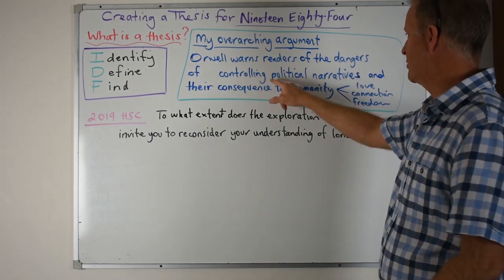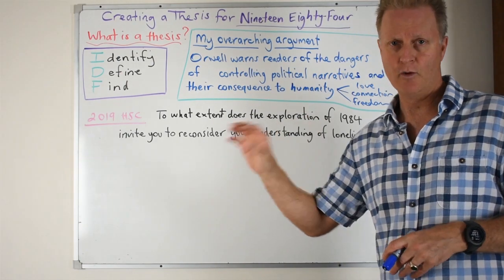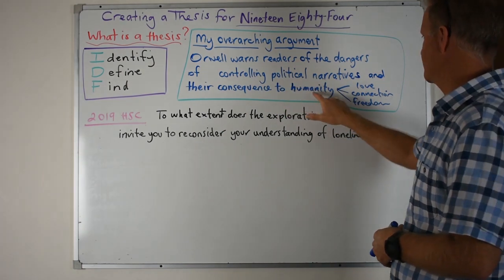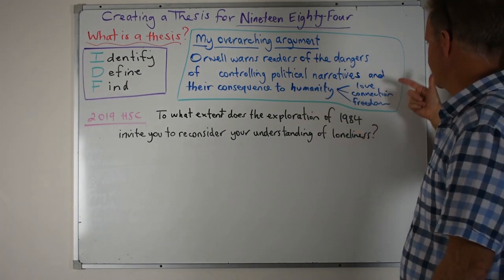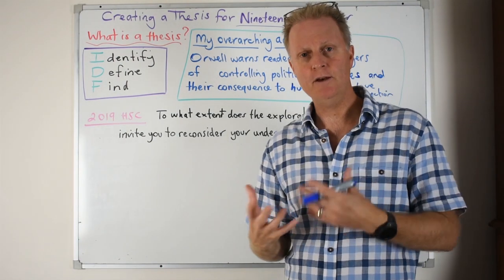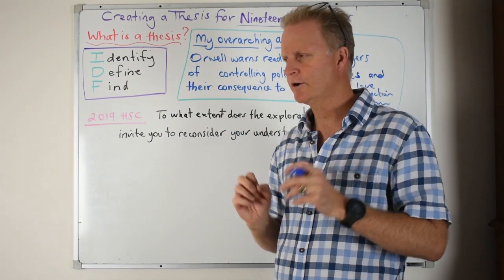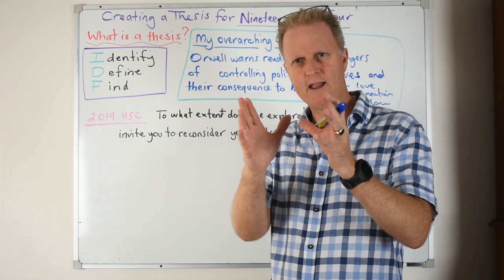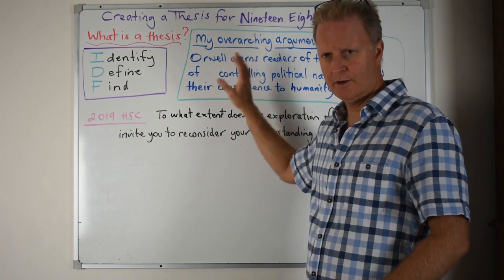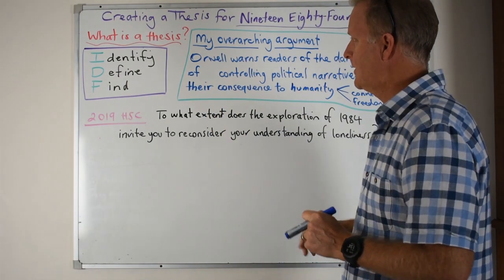So the dangers of controlling political narratives is the totalitarian regime and their reign of terror and their use of fear and suppression, etc. And the consequences to humanity are the absence of love, connection and freedom, and that causes rebellion. So that's what I want to argue in my essays, but I also want to be answering the question that's set for me. If you have an argument like that and you set that up, you should be able to mould it to any question that they ask.